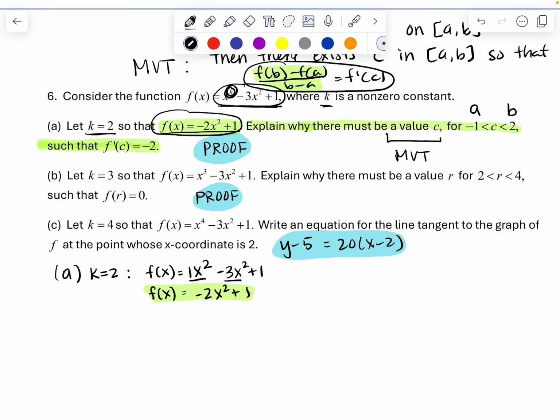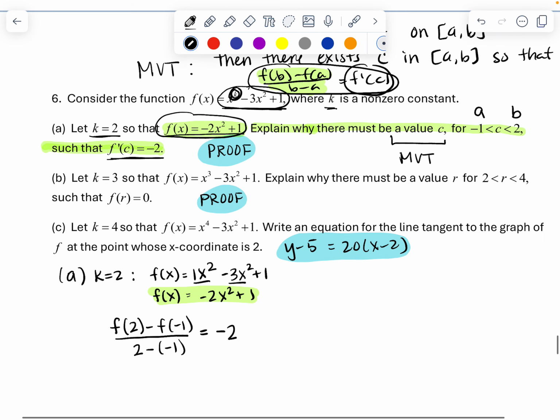So you're going to have f of B, which is 2, minus f of A, which is negative 1, all over B minus A, so 2 minus negative 1, and it's saying this should equal f prime of c, which is negative 2. Let's see if that's even true.